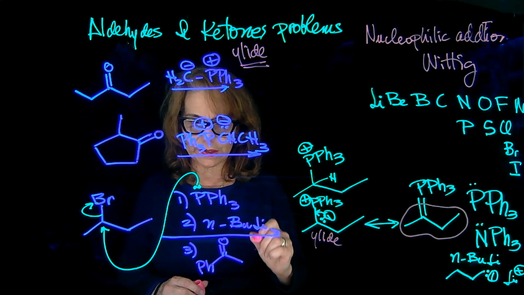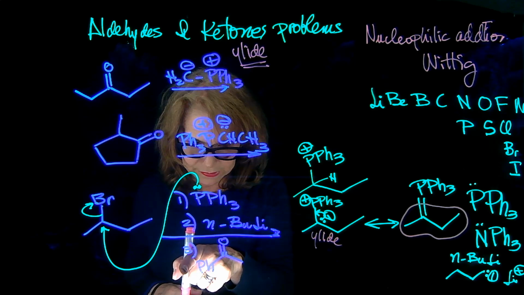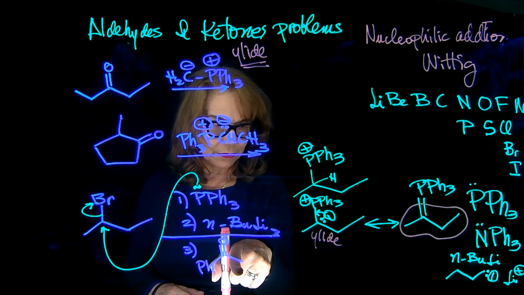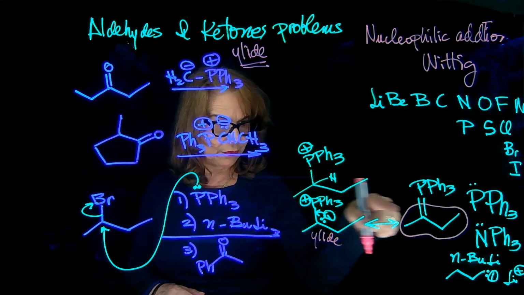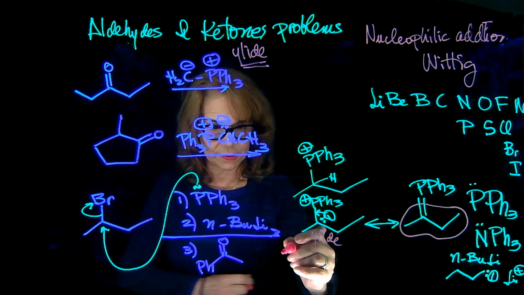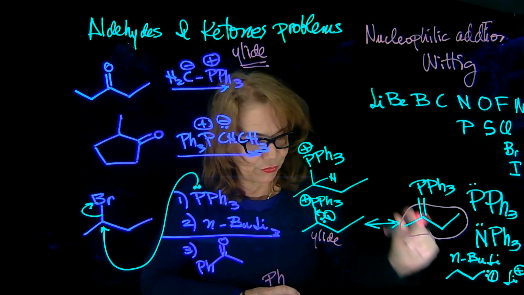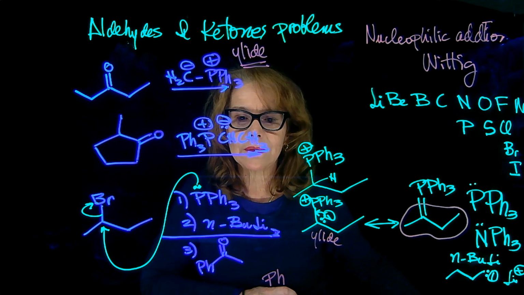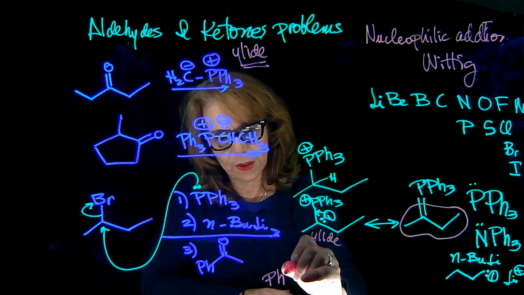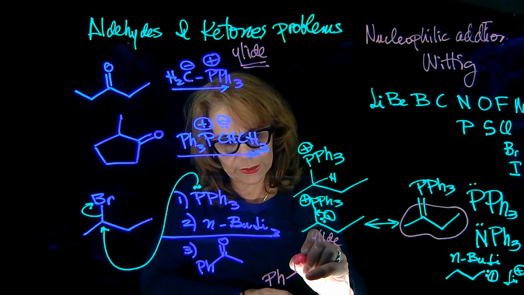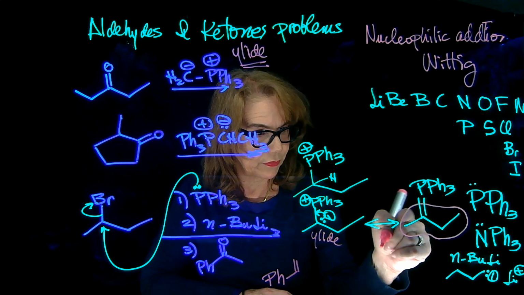What you're doing in the Wittig is inserting this in place of the O. So that's the strategy. The third step is actually my carbonyl compound. Now I'm going to insert this where the O is. So my product will be, in place of the O, I'm installing this.